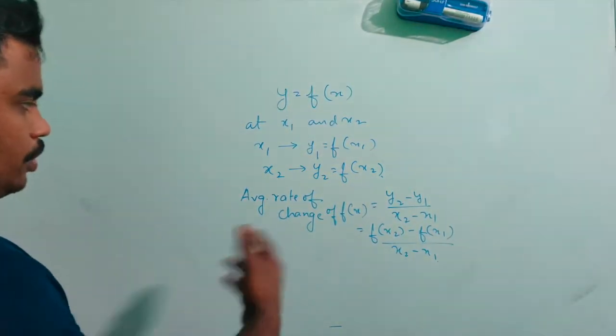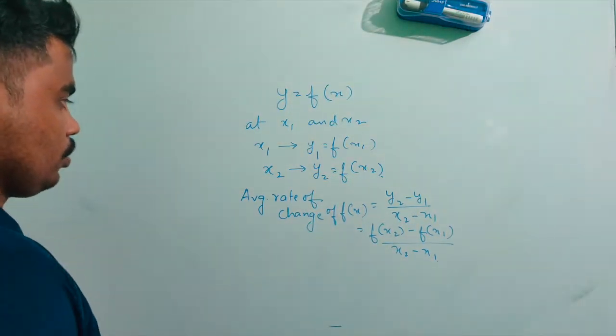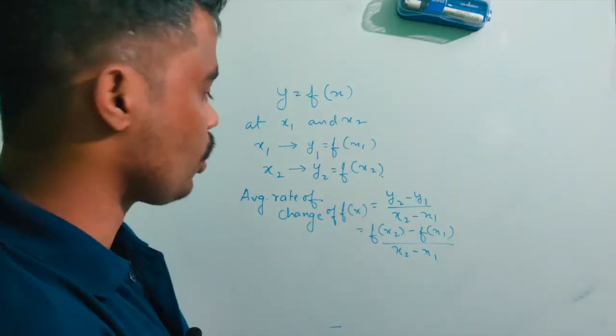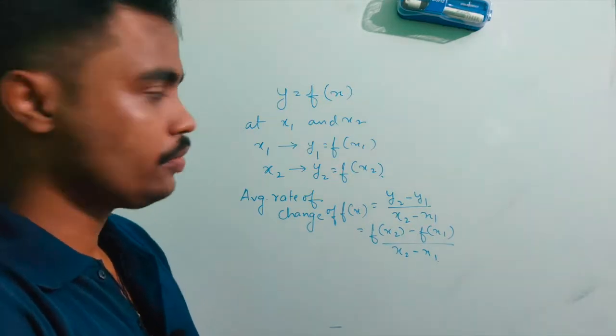And if we want to calculate the instant rate of change of function f of x with respect to x, then we have to learn a lot about limit, and then we can tell how to find the instant rate of change.